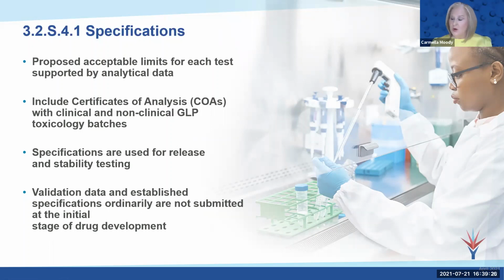You'll always want to make sure that you have a certificate of analysis or batch analysis for the batches that are used in your clinical and non-clinical program. And you have to include that batch analysis data in your regulatory submissions.